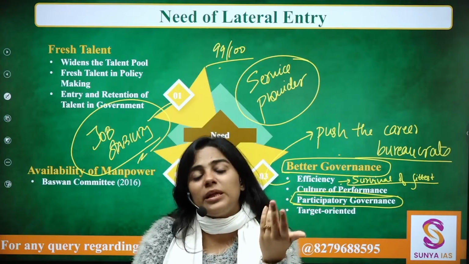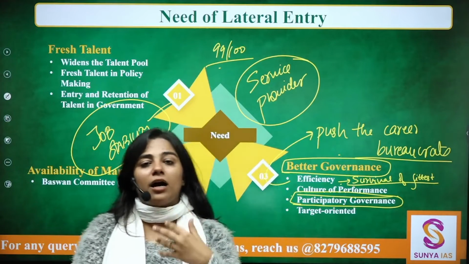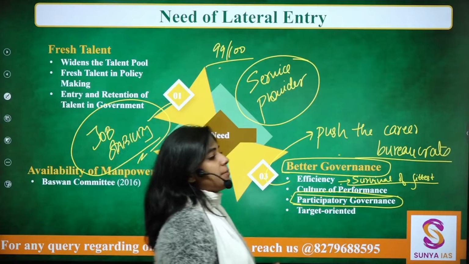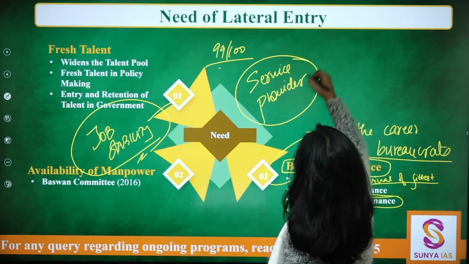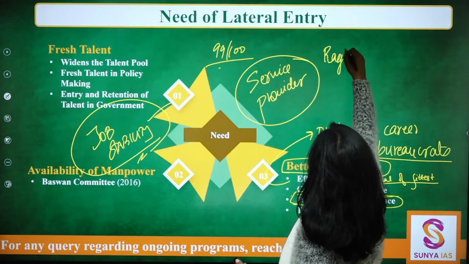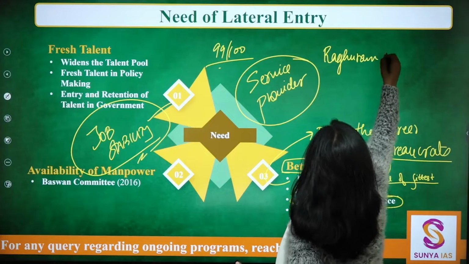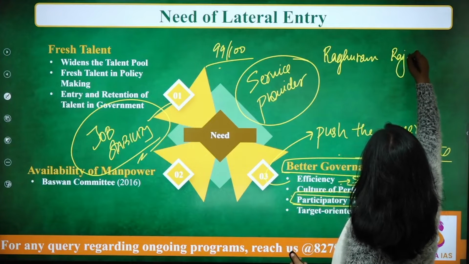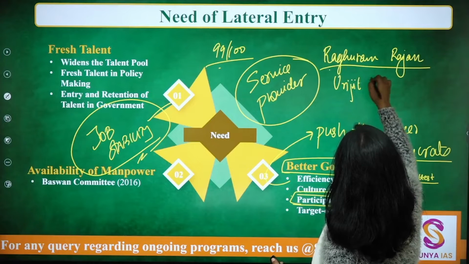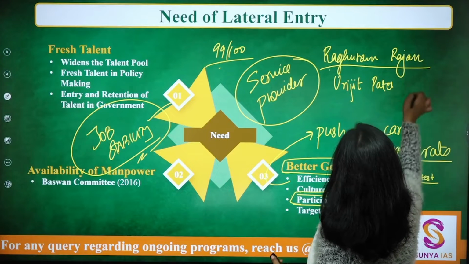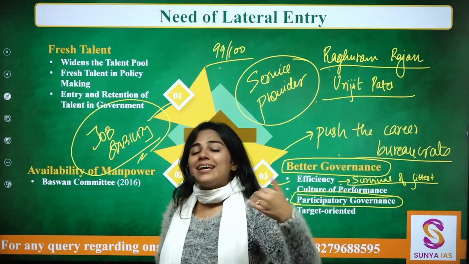See, there have been so many people at our policy making level. For example, former RBI governor Raghuram Rajan. Though he did have some fallouts with the central government, even for that matter, Urjit Patel, right? These are the people who bring their expertise.